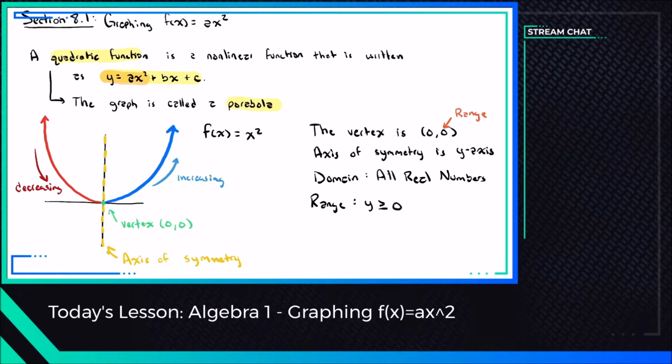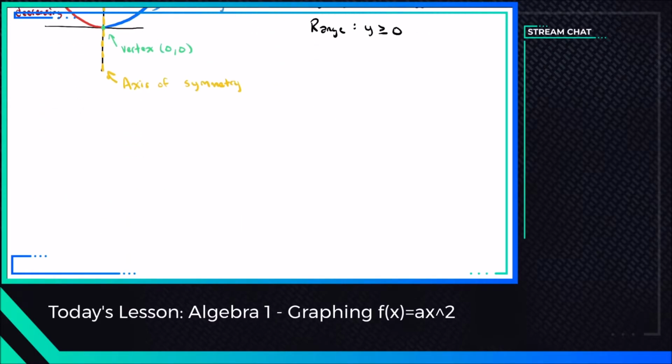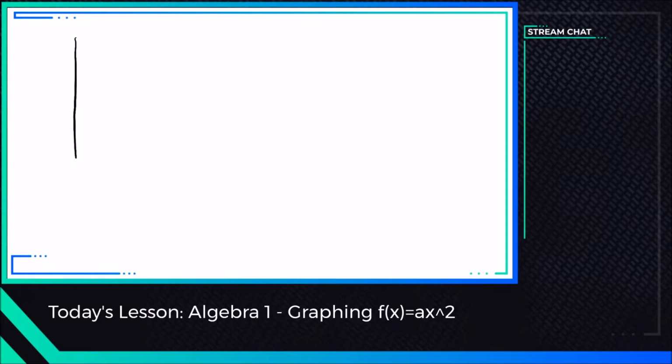So on this first example, I just want to identify all those different things that we just talked about. So we're going to be given a parabola once again. So here's our graph. We're going to have a point down here at 2, -3.